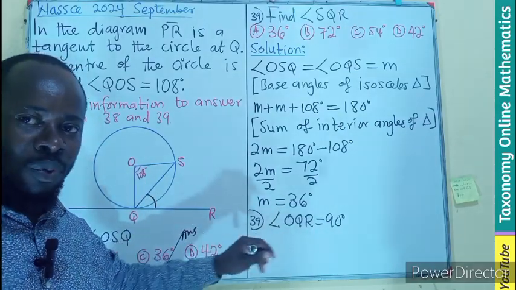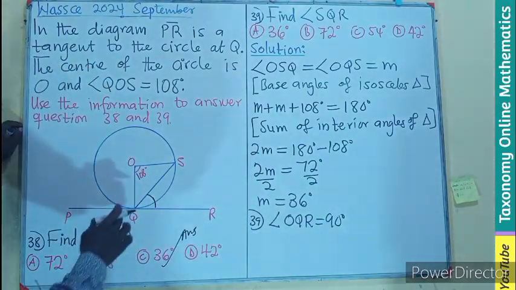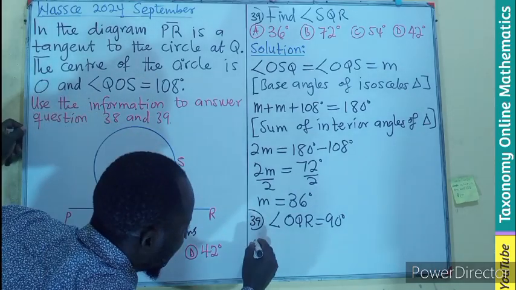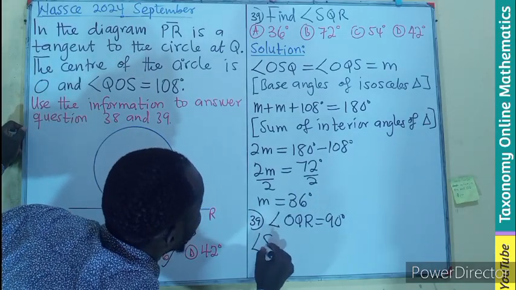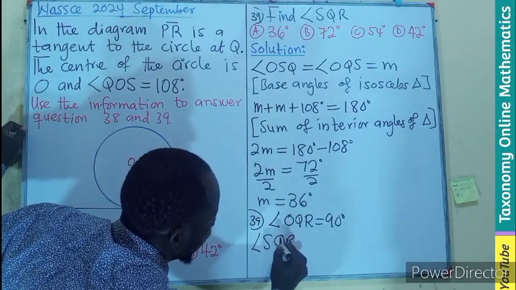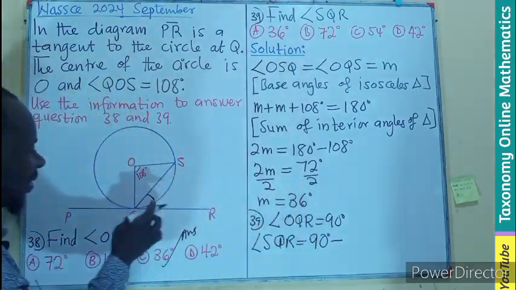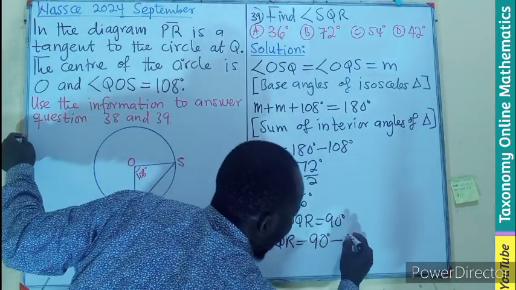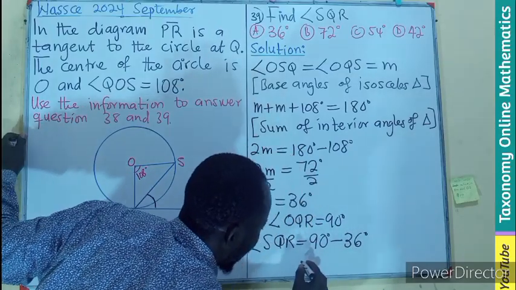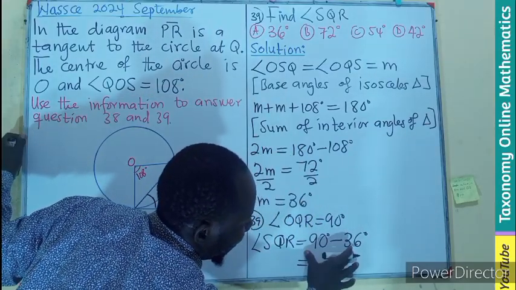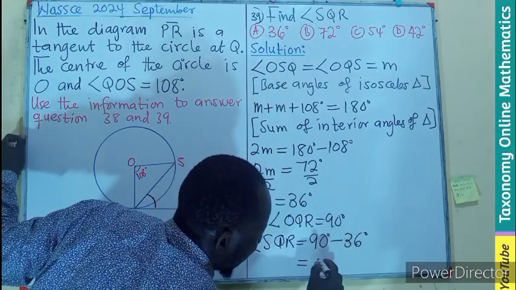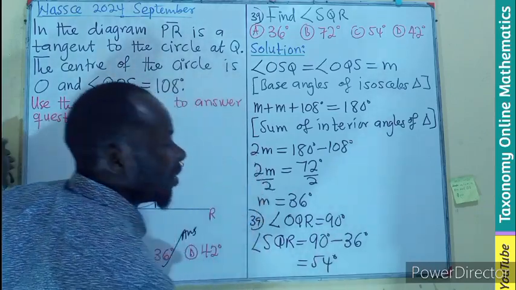Because of space, I'm going to go straight with the angle I am looking for, which is angle SQR, which should be equal to 90 degrees minus the 36 we found in this corner. That will be 54 degrees.